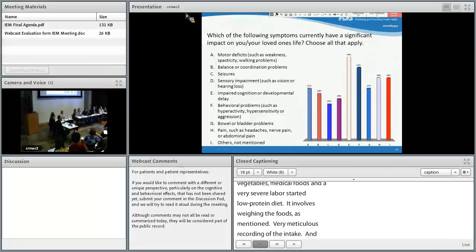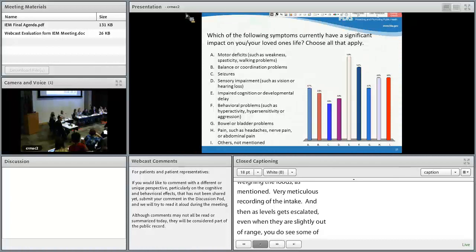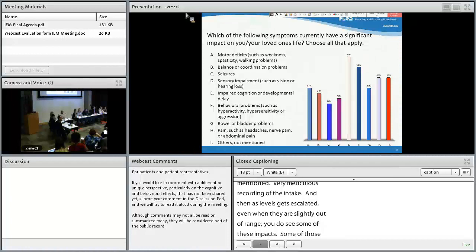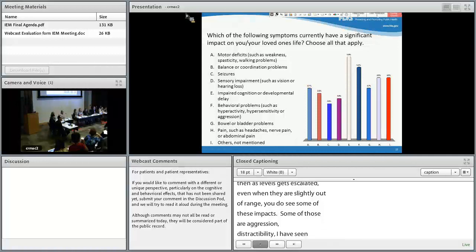As levels escalate, even when they're slightly out of range, you do see some of these behavioral impacts: aggression, distractibility. I've seen Drake get very frustrated easily. One thing that's not up there is sleep disruption.